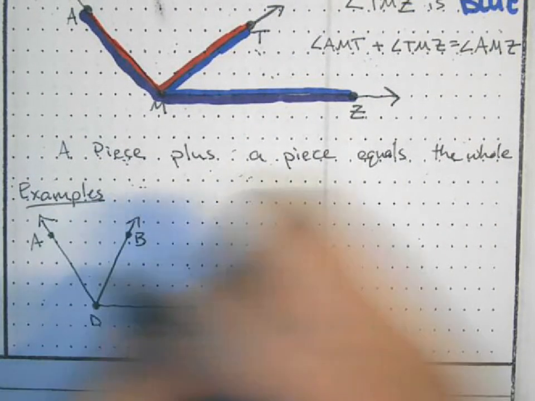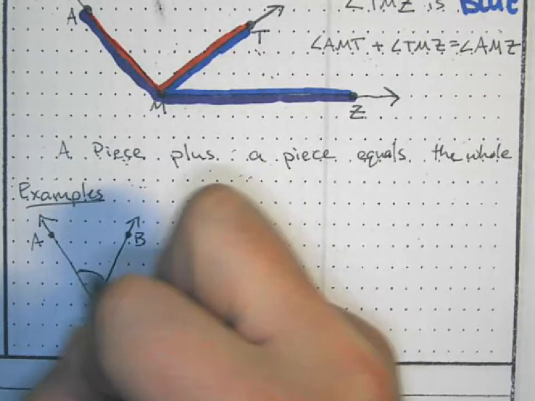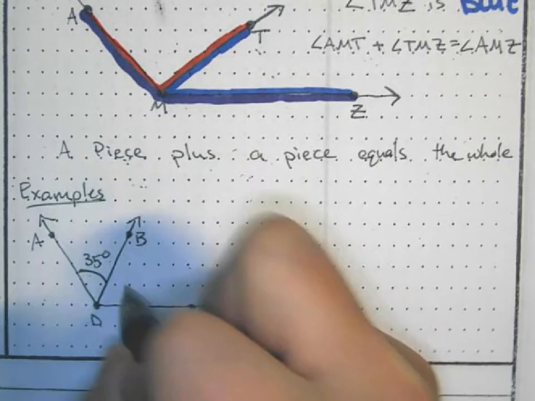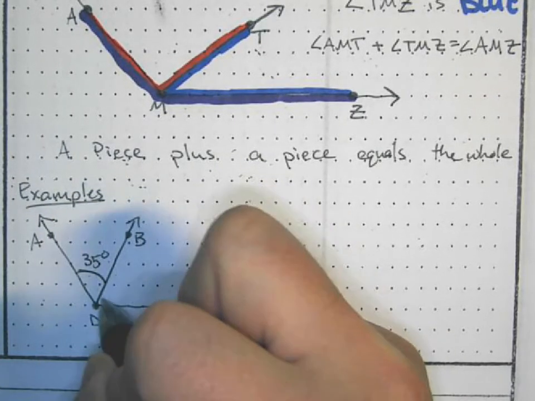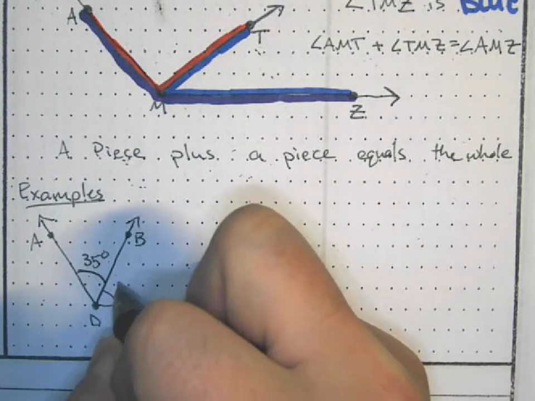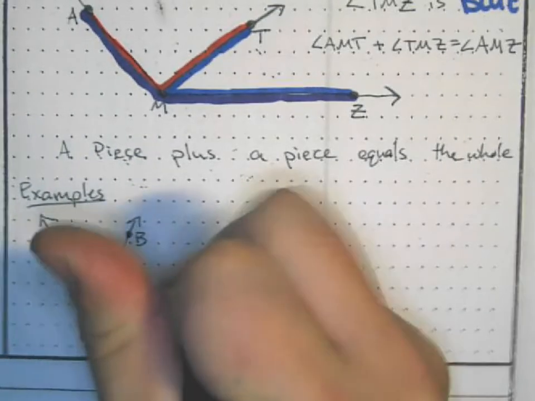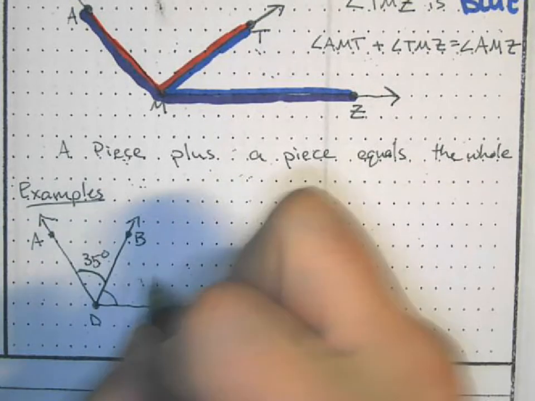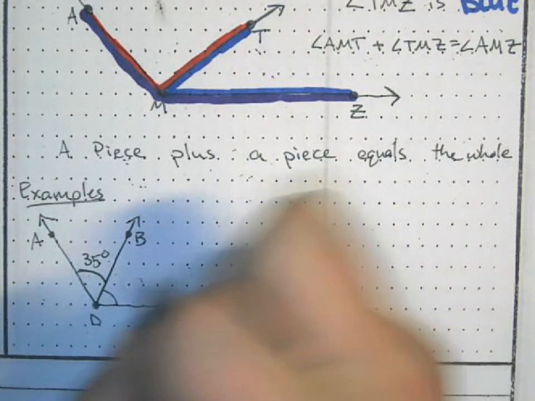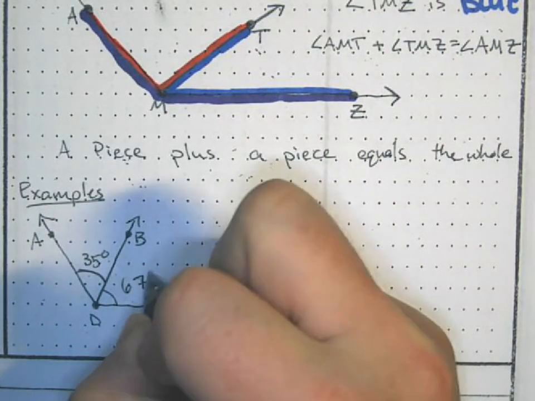And we're told this angle is 35 degrees, and then this angle right here is 67 degrees.